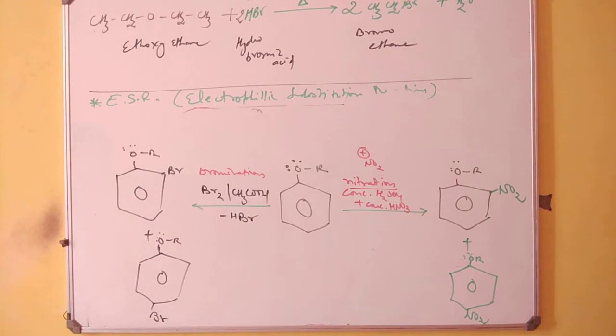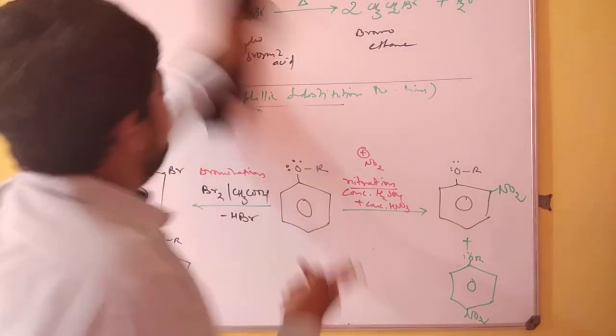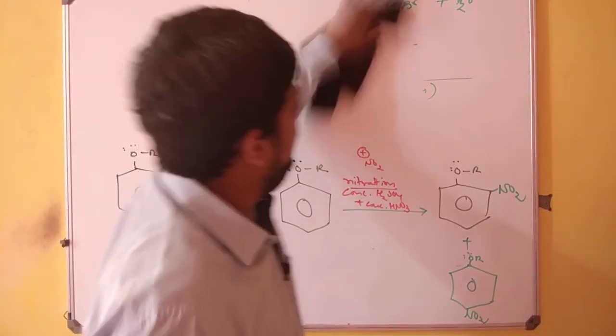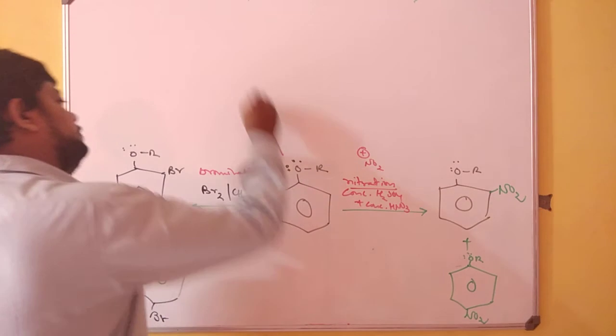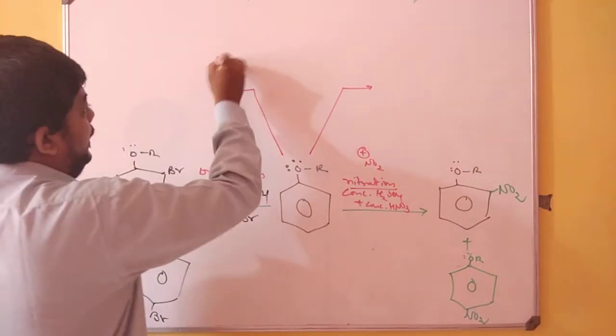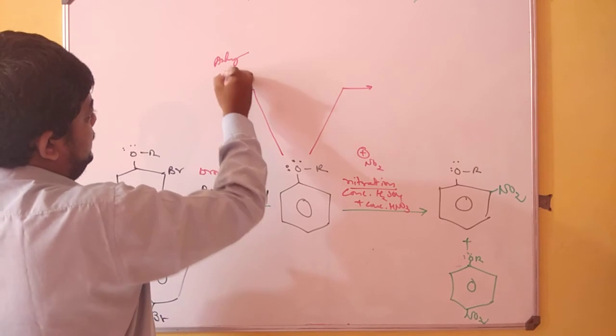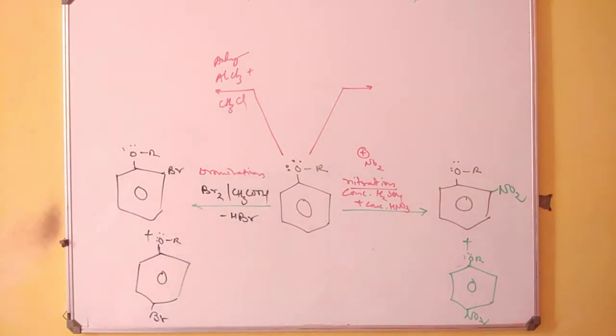Now, moving a step ahead, we have Friedel-Crafts reactions involved over here. So, with the same either anisole or phenetole, and even in generalization, we undergo Friedel-Crafts reaction using two different reagents: anhydrous aluminum chloride plus CH3Cl.